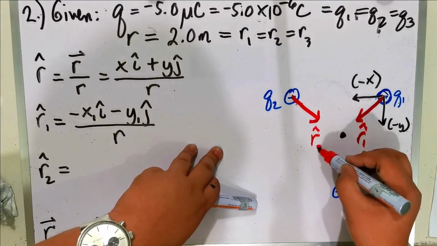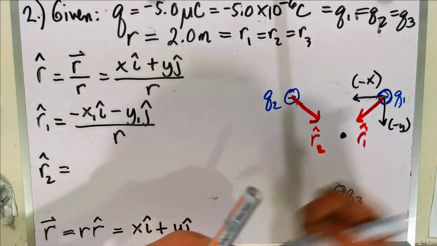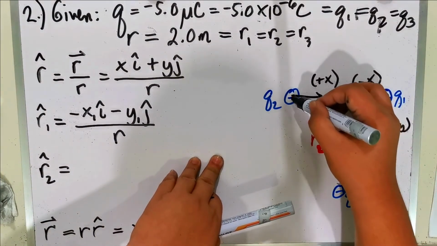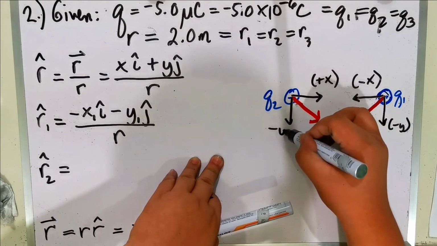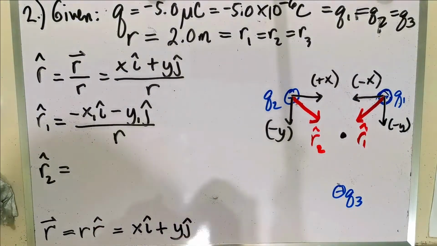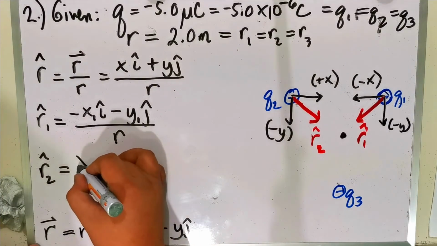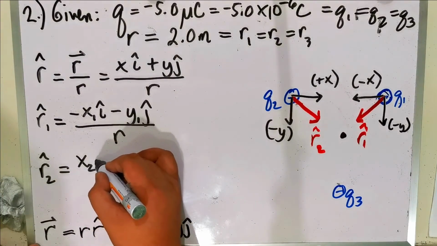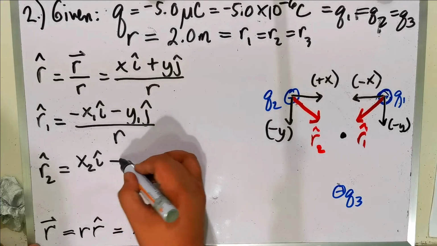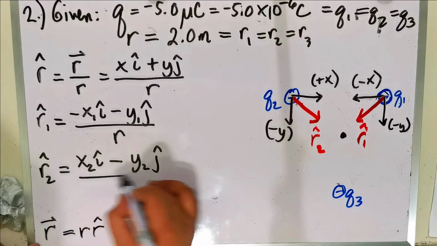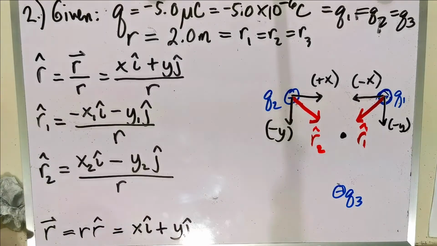It has components toward the right, which is positive x, and downward, which is negative y. So our r2 hat would be positive x sub 2 I hat minus y sub 2 J hat, all over r2, or simply r.